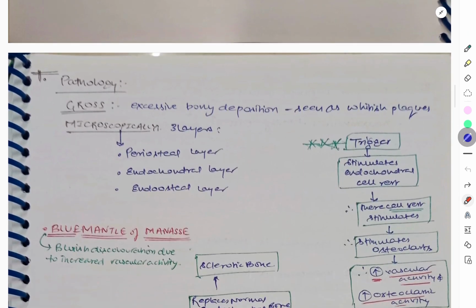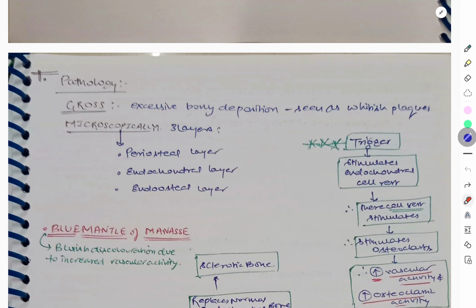So what is the pathophysiology behind this? Okay, grossly what you can see is excessive bony deposition, and these are seen as whitish flakes. In cholesteatoma, what you were seeing was pearly white, and that was due to keratin deposition, but here you will see whitish flakes grossly.